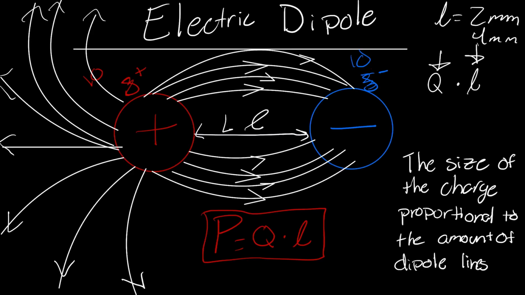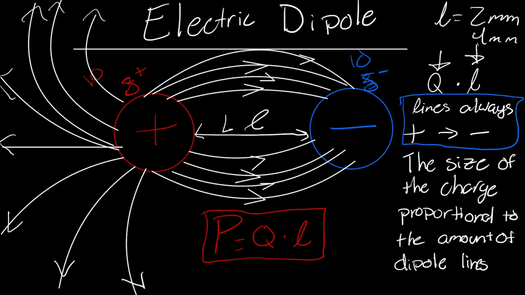I'm going to write that down because it is very, very important: lines always go from positive to negative. I'm going to put that in a big blue square right here.